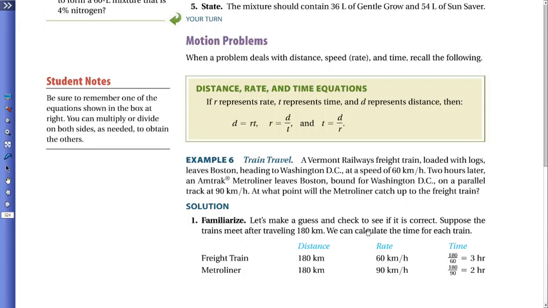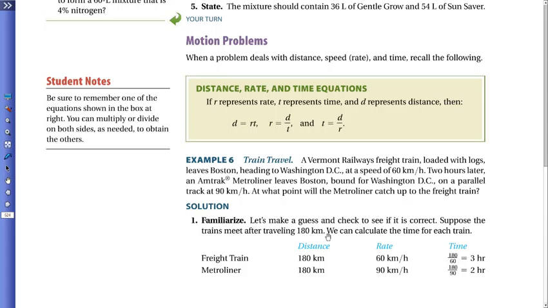Basically, a guess and check is usually to see if I understand what kind of operations are involved to get information out of this thing. And here they say, well, let's suppose that they meet after traveling 180 kilometers. So they take something that we don't know, and that's what they're asking, what point, basically what distance from Boston, do these trains catch up with each other?